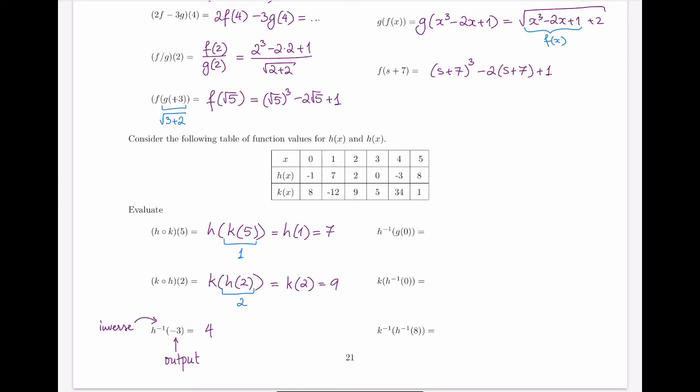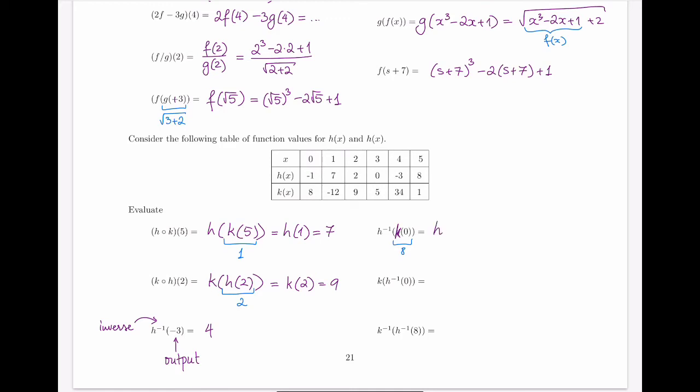Okay, and then going through all of these is going to be very similar in fashion to the ones before. So let's see, we're going to work inside out. So first I have to compute, oh, there's no g, I think this is supposed to be k of 0. So first I'm looking for input of 0 and the value of k, which will then be 8, which means this is 8.